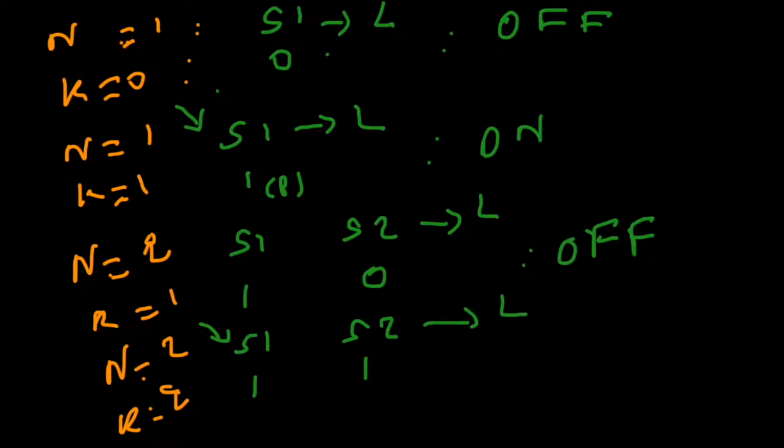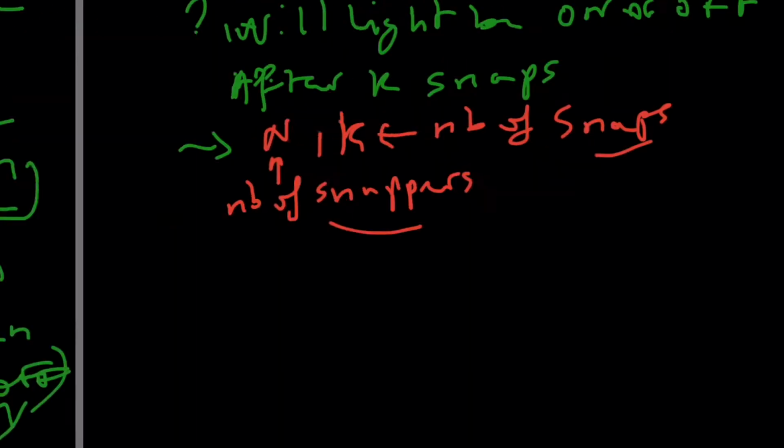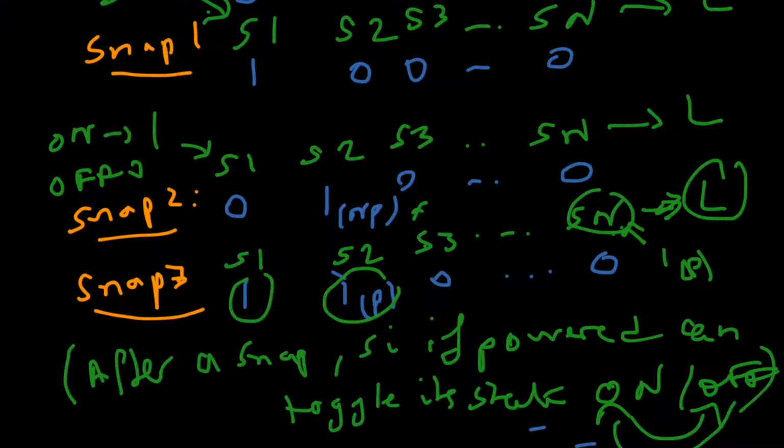And the light is plugged to this one, and since S2 is powered, and why is it powered? Because it's plugged to S1, which has power because it's coming from the socket, and we didn't run the third step here, we didn't do a second snap here. So we did a first snap.